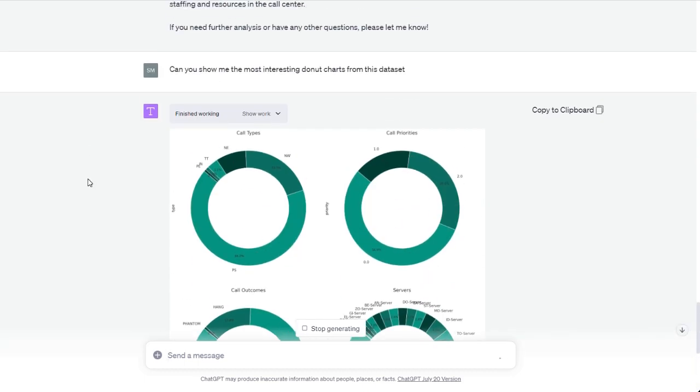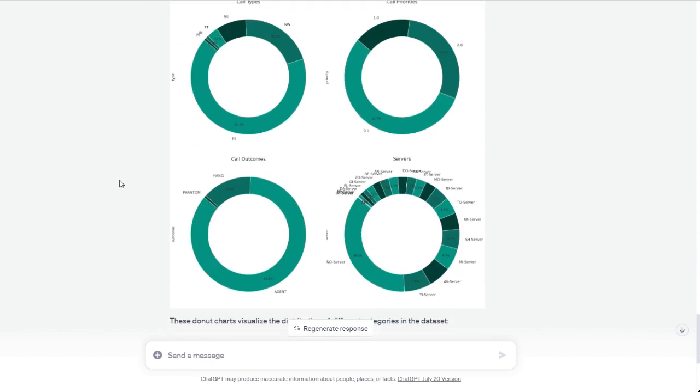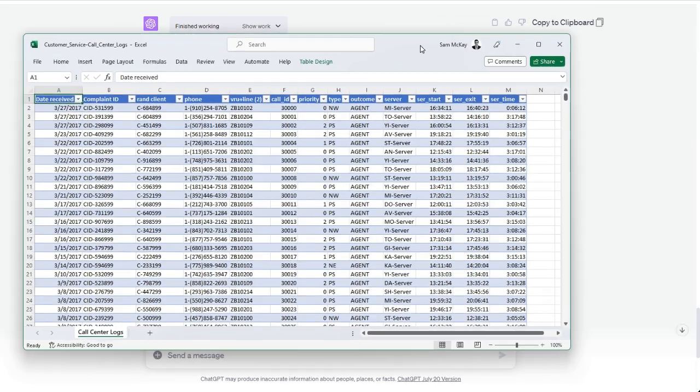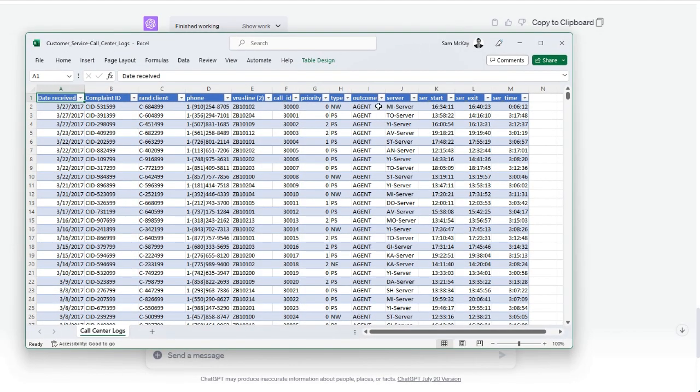So isn't that cool? I didn't even ask for anything specific. I said, can you show me the most interesting donut charts from this data set? And then it figured out what data we could use as a donut chart. I bet it just looked at different information here, things like type and outcome, looking for dimensions or columns in the data set that didn't have too many different data points, so they would be good for a donut chart or a pie chart.